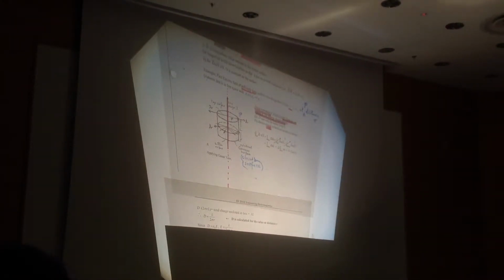But if the line charge is finite and I move the Gaussian surface, the field will not be the same. So although Gauss's law is very powerful, it can only solve problems of high symmetry. But it doesn't mean it's not valid. It is always valid, but you will not be able to use it to get an answer very quickly.